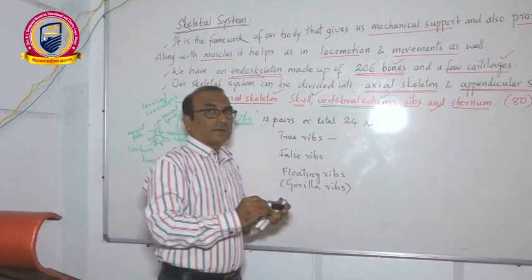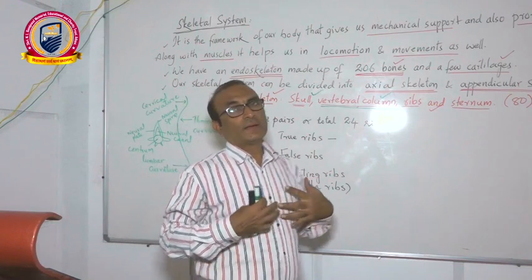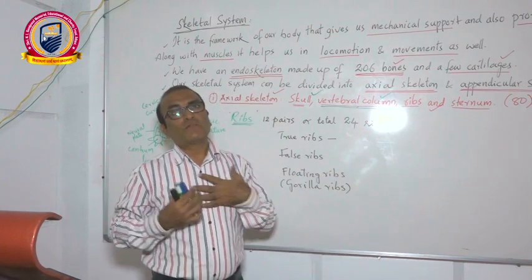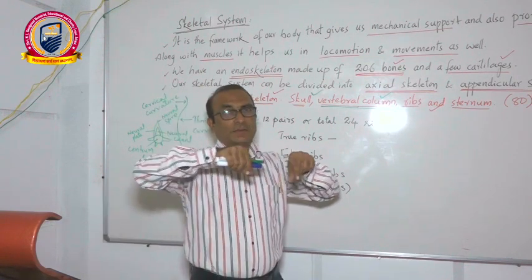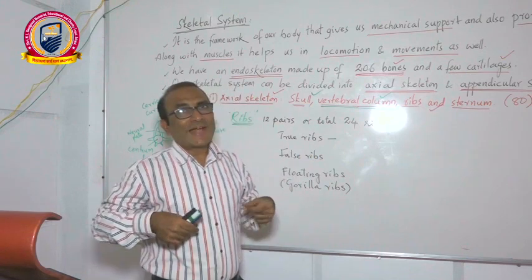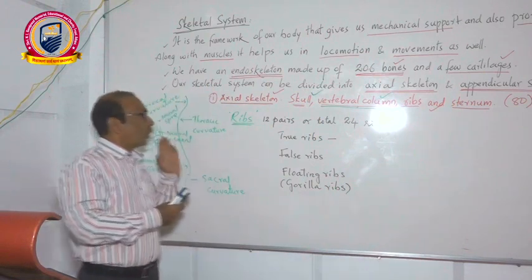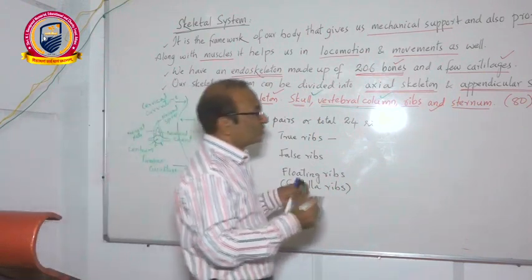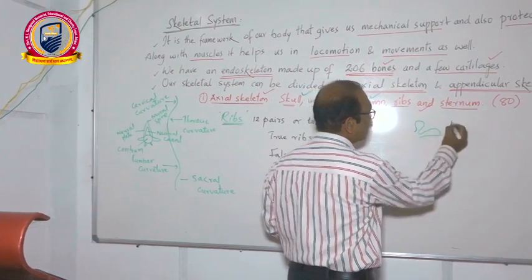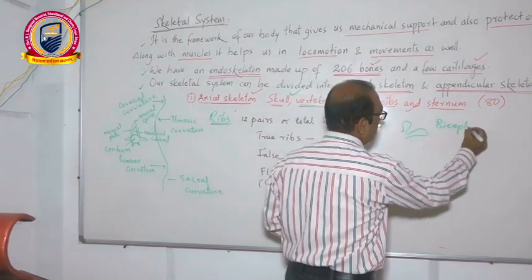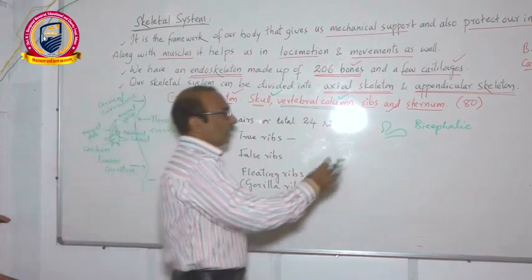The ribs, as I have told you, are located in the thoracic region. They are forming a protective cage for our lungs and heart. These are flat, curved, thin bones. On the back side, they are connected to the vertebral column with two projections. That's why they are called bicephalic, with two articular faces.